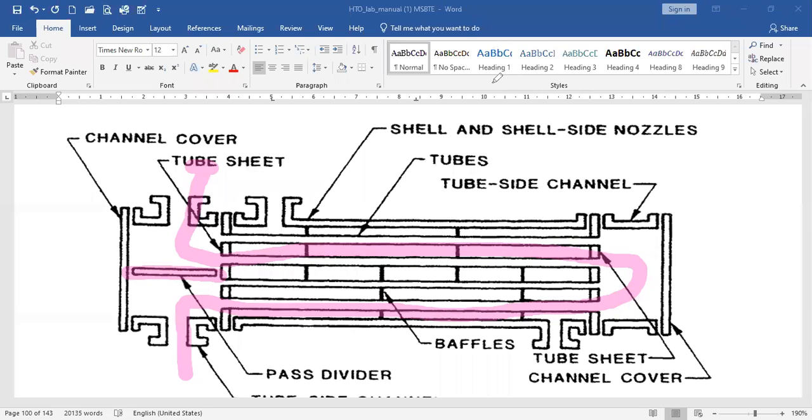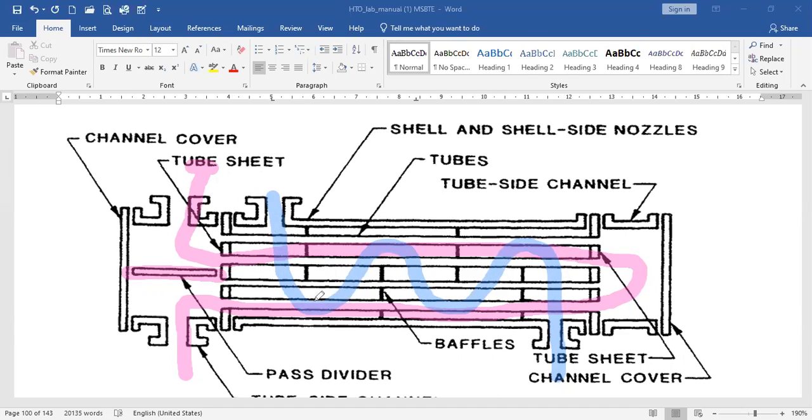because the shell side fluid is going to pass only once through this heat exchanger in this way, and the tube side fluid is going to pass along this shell and tube heat exchanger twice. So in 1-2, 1 indicates the shell side fluid pass, that is the length of that fluid particle or molecules along the length of heat exchanger.